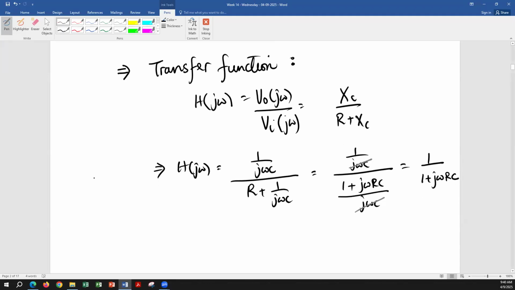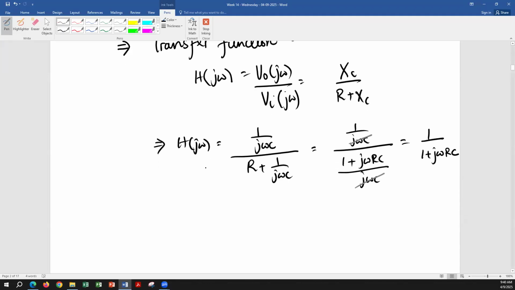We write this transfer function in a little different way to represent the cutoff frequency. We write this as 1 divided by 1 plus j omega divided by 1 over RC, which is the same as this, because 1 over RC means RC is going to go in the numerator and it's going to become 1 over 1 plus j omega RC.